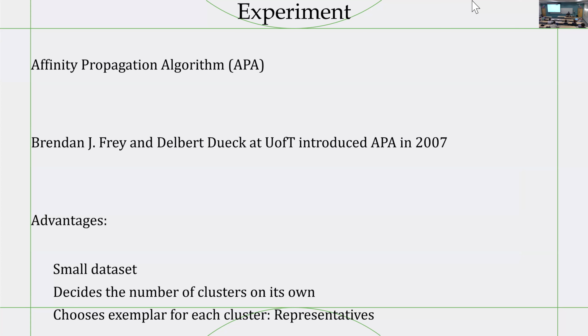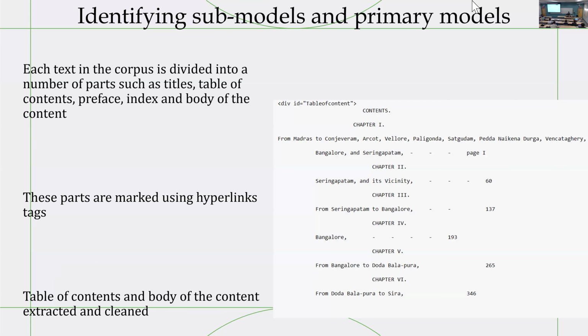When I provide more examples, I think it will be easy to understand. So here is how I started my experiment. I started by first identifying the sub and primary models. I simply divided the entire body of the text into a few categories, using simple HTML tags, for example, table of contents, table of body, and the closing section of the body at the end of the document.